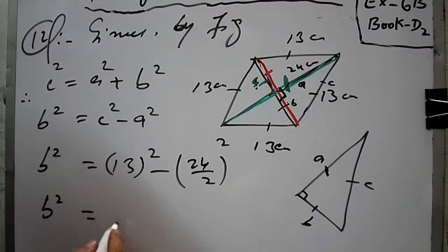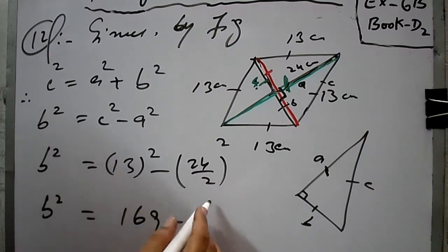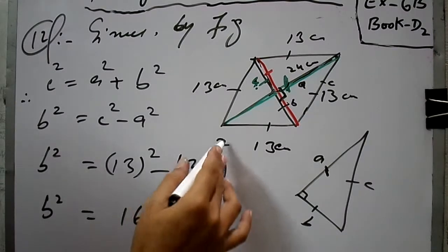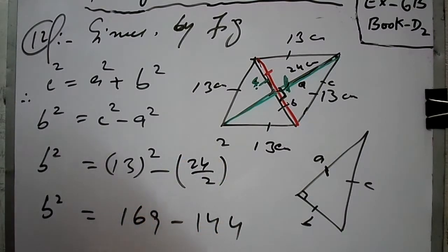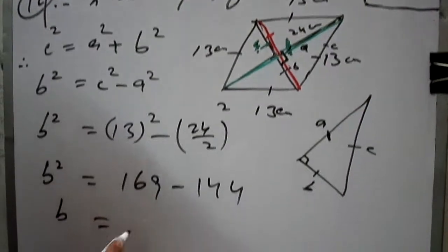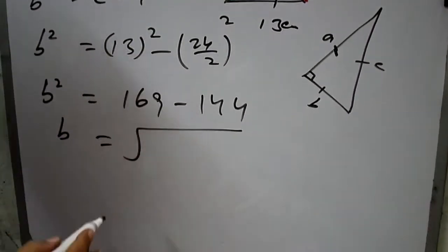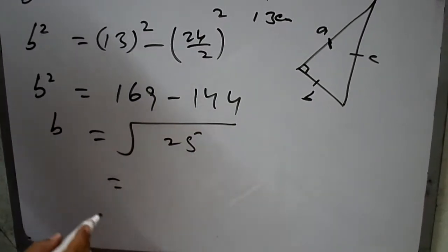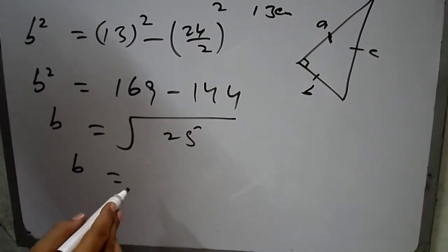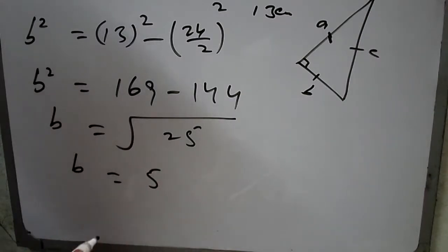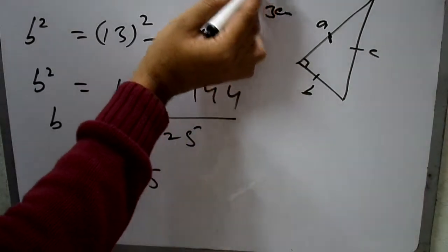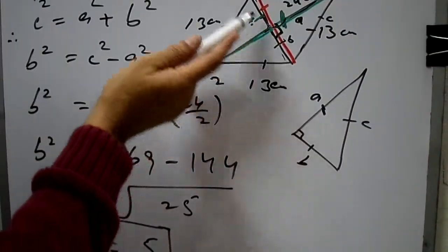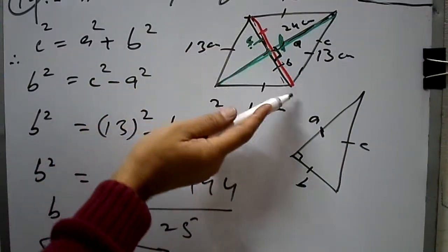So 13 into 13 is 169 minus 12 square, 144. You will get 25 after subtraction. So the value of b is 5.